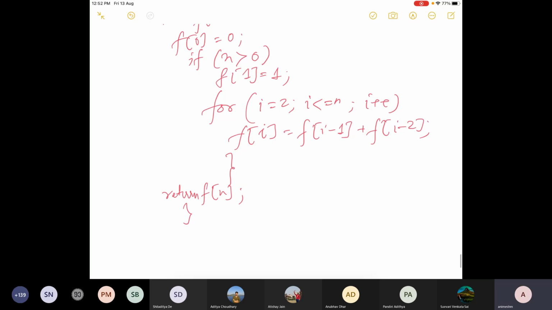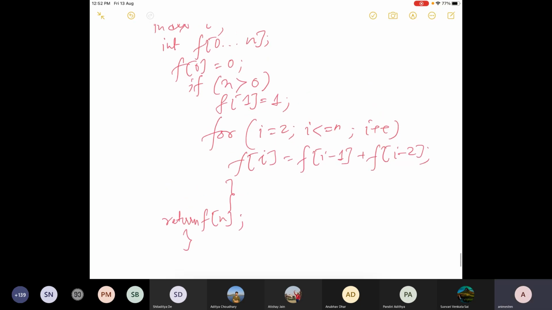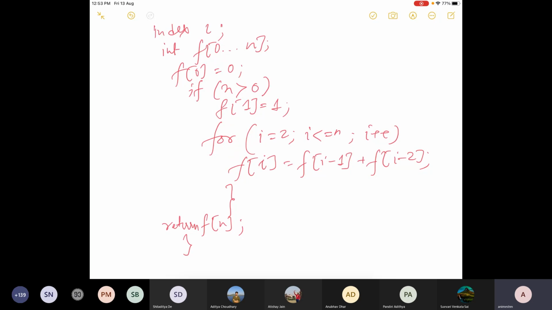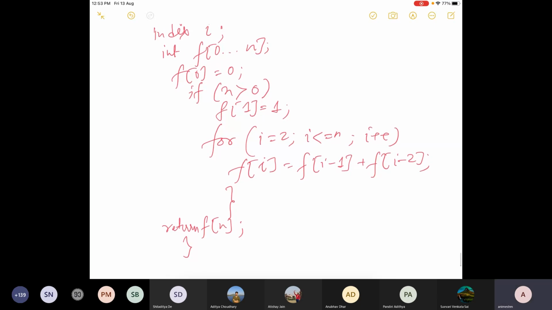Okay, so this is an efficient version where you really don't need to recompute the terms.